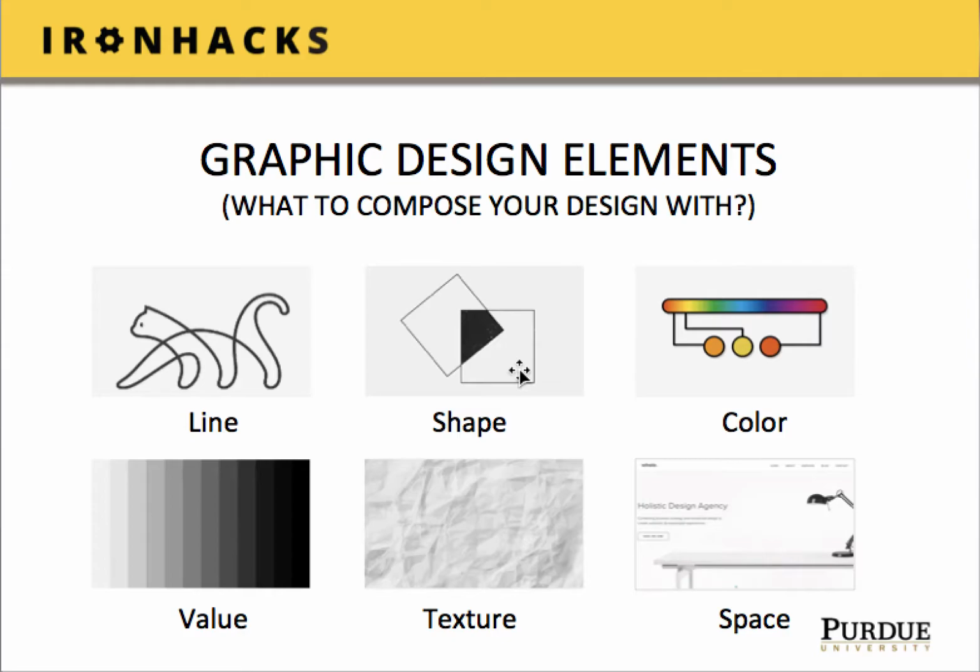So these design elements include the line, the shape, the color, value, texture, and space. And they are all used strategically in design, and they can be expressed in a variety of ways so as to make the user see certain things, make likely interpretations, and have specific emotional responses.